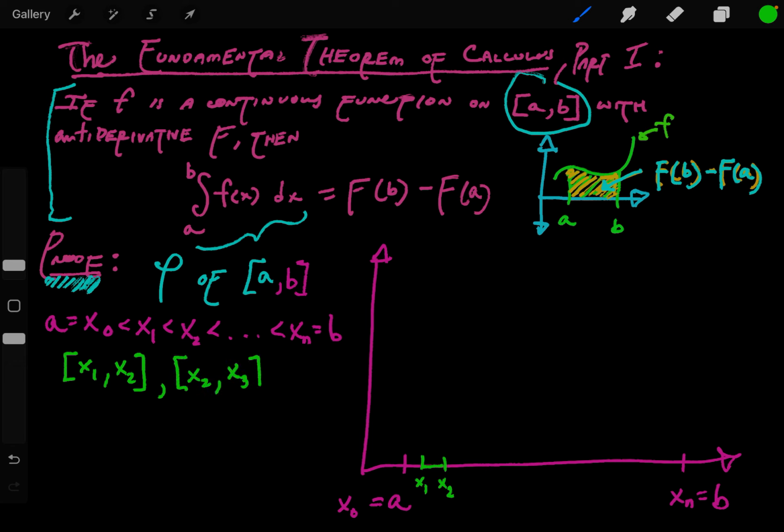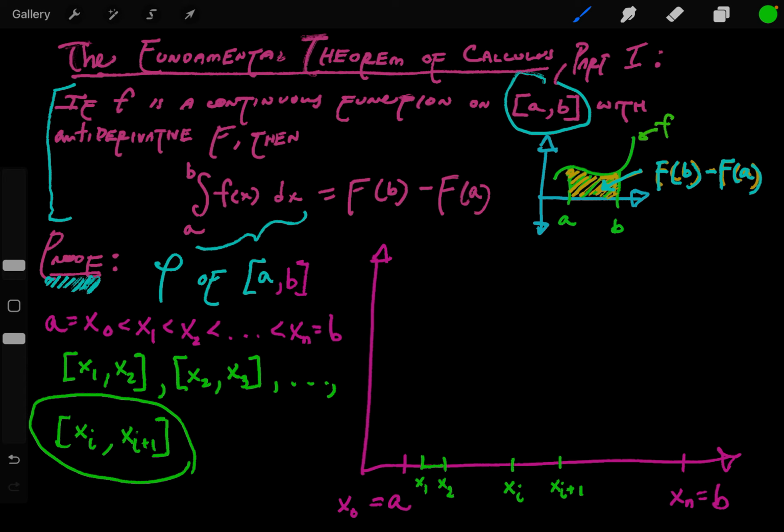You can generalize this idea to the interval xi to xi plus 1, where i could be anything from 0 to n minus 1. And that's what's nice: this is a general interval.